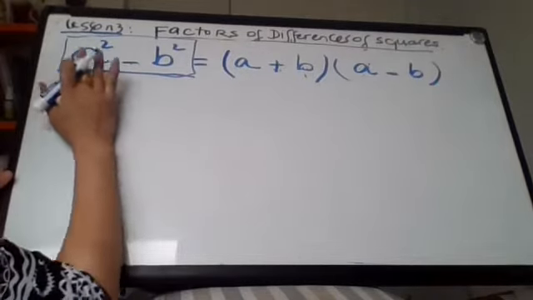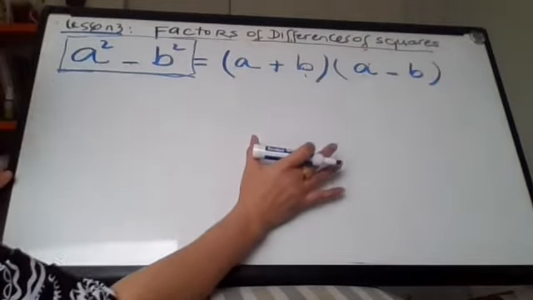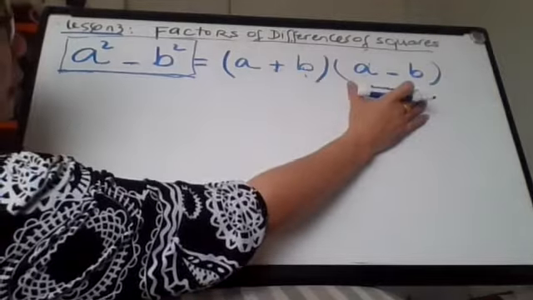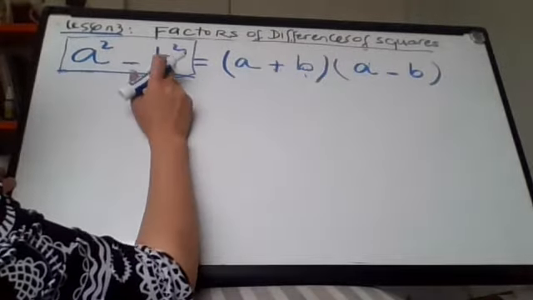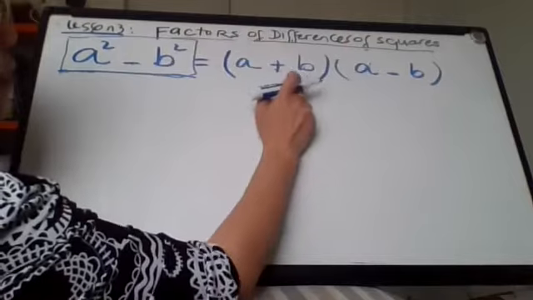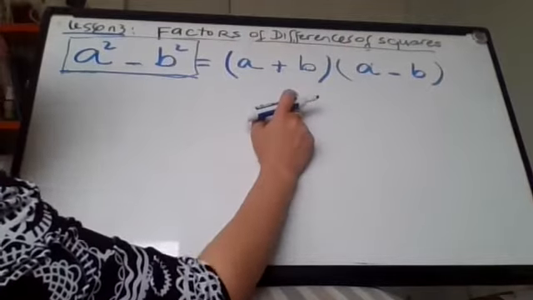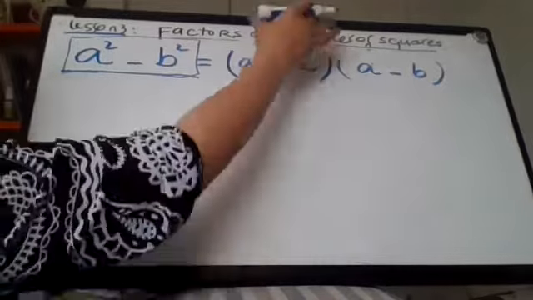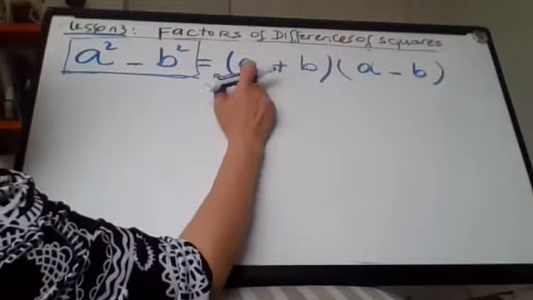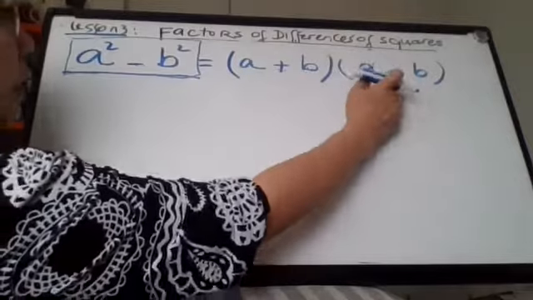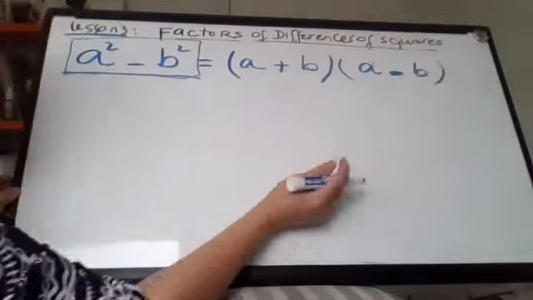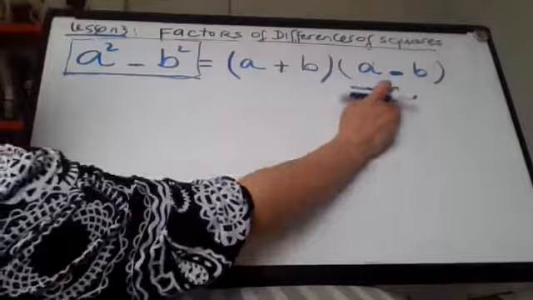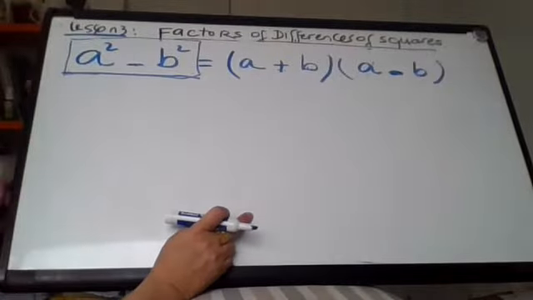This is the left side, power 2, but when you break it down, it becomes power 1 on the right hand side, times a minus b. So the letters are exactly the same. It's very easy to remember. They are the same, a, b, a, b, except one bracket has a positive between them, another bracket has a negative between them, right? Positive, negative. Okay, that's all you have to remember.